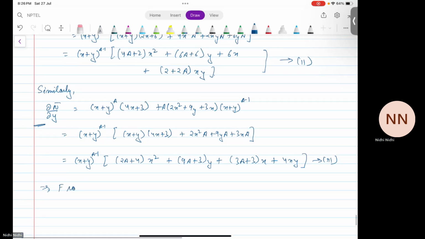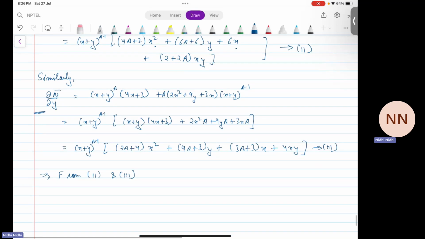From second and third, we see that all the coefficients of x square, y, x and xy must be equal. So in that case, we must have 4a plus 2 is equal to 2a plus 4, which gives us a should be equal to 1.